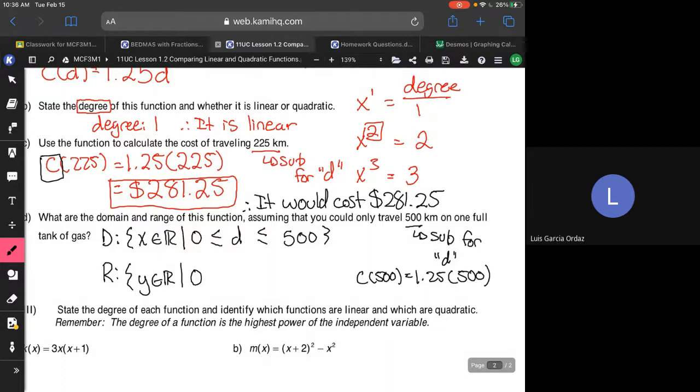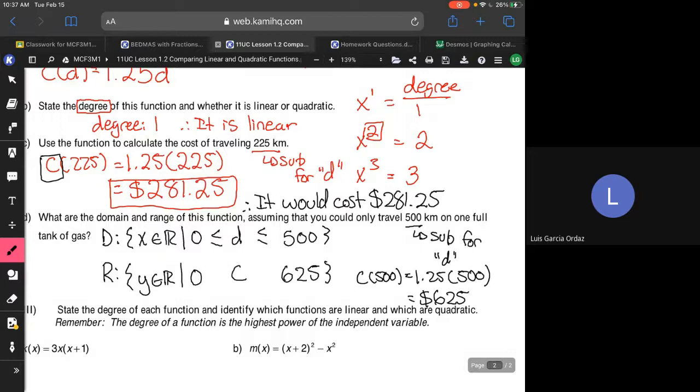And Ashton, what did you say it cost? 625? Which means that for a 500-kilometer trip, I have to pay a maximum of $625. So 625 is the most I am going to pay for traveling 500 kilometers on one full tank of gas. That is so expensive, because a full tank of gas is more than 500 kilometers.